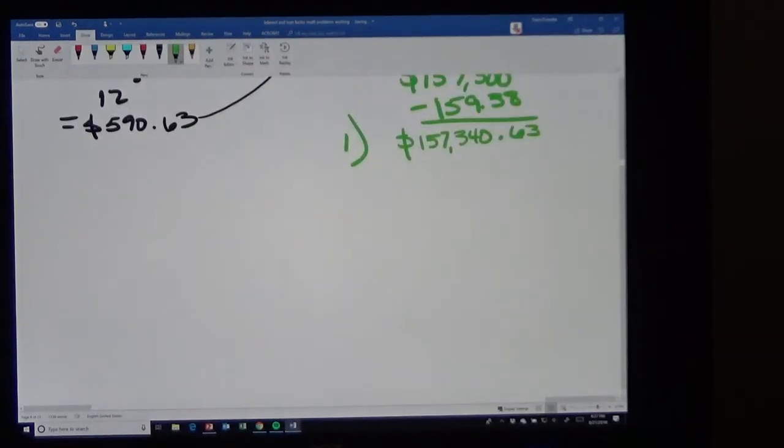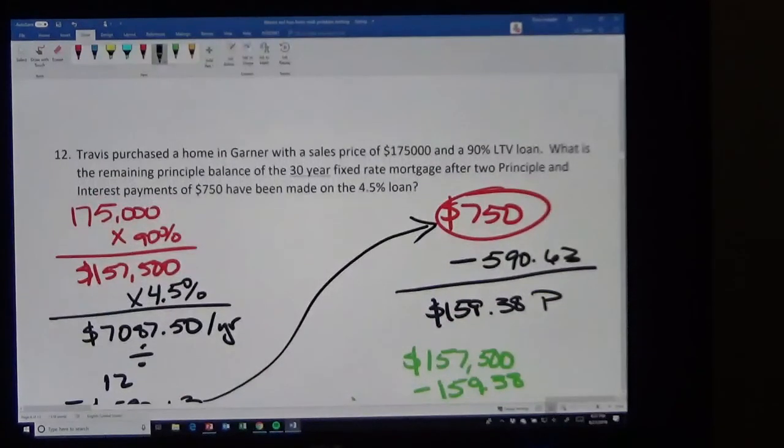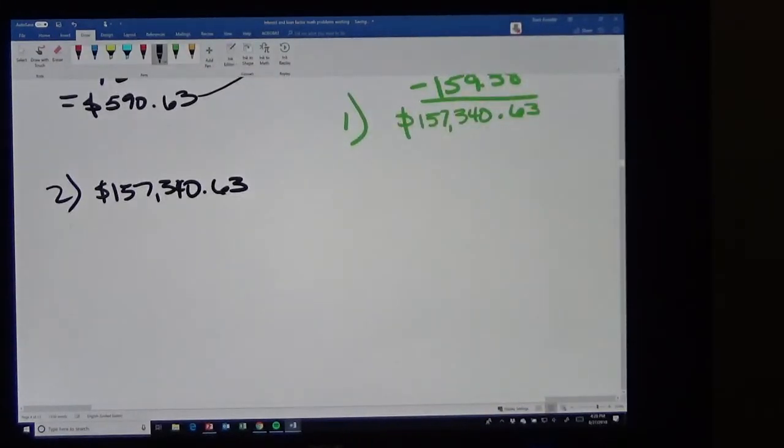For payment number 2, we got to repeat the whole process. So for number 2, we start at $157,340 and 63 cents. And we're still at the same interest rates. We go back up and look, we're still at 4.5%. So times 4.5%, that's going to give us our annual interest.